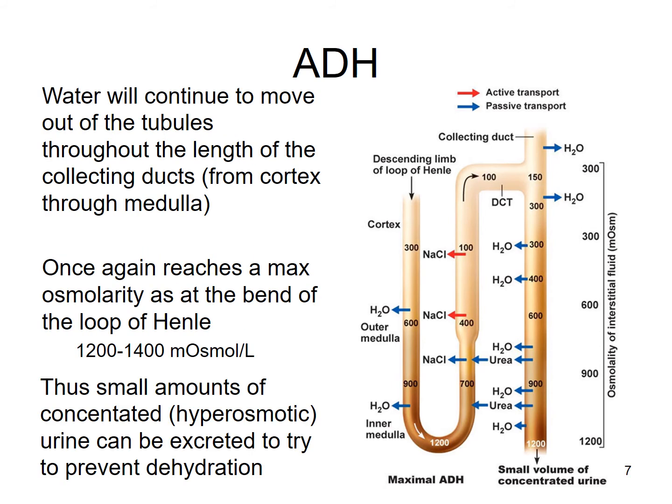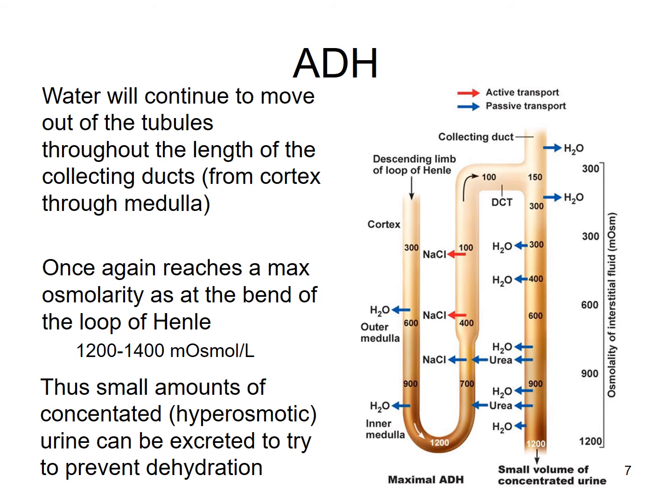So as you can see here, water continues to move out of the tubules throughout the length of the collecting duct as you move from cortex to medulla. And again, as I said in the previous slide, as you reach this deeper portion of the medulla, you're going to see where it says 1200 at the bottom of the collecting duct. This sort of mimics the 1200 at the bend of the loop of Henle.